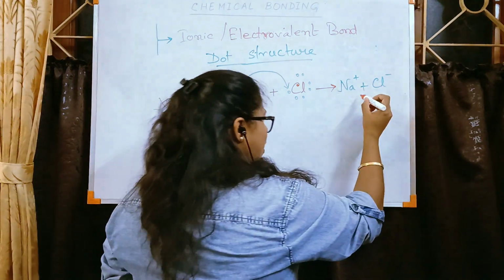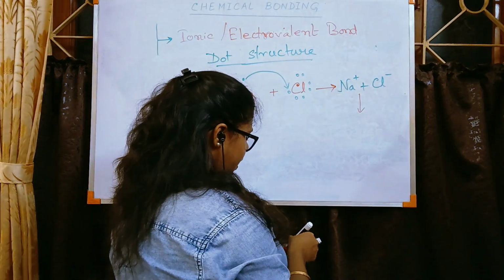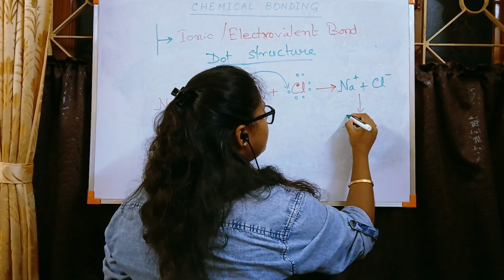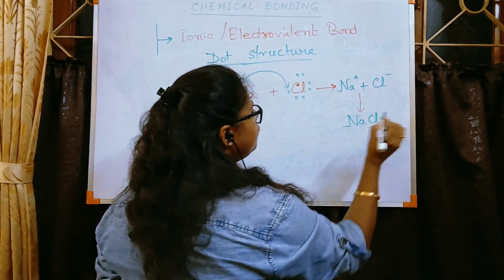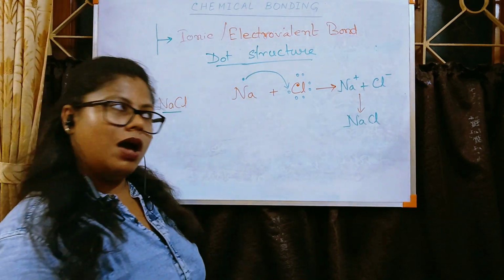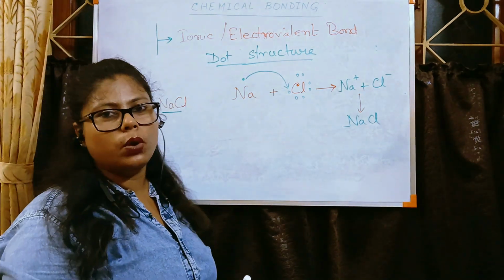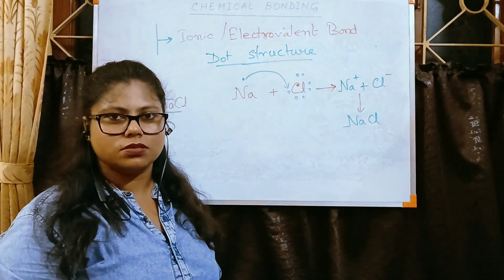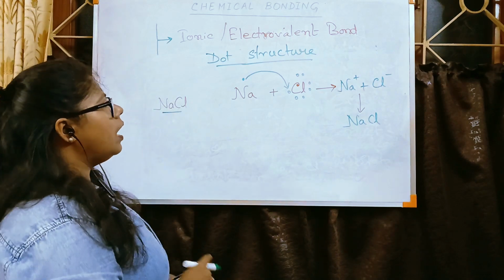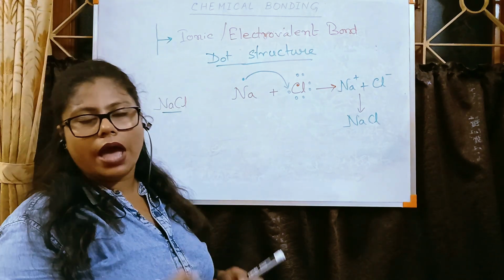Hence, we will get a very stable compound. Understood? This is how we are going to draw the dot structures. You can try out with any other ionic compound.